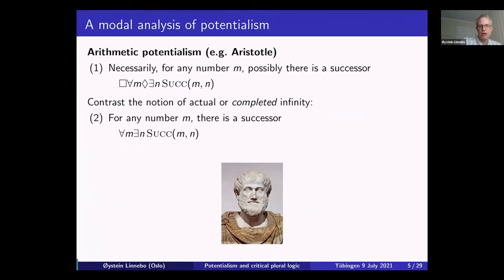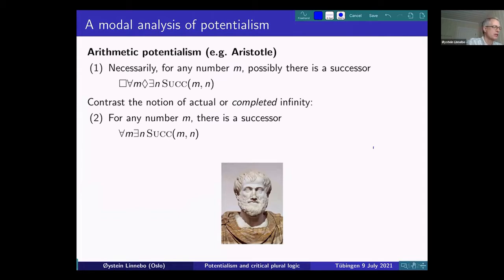But let's start with modality. At least for those of you with a background in philosophy, this is quite a natural way to proceed. So take Aristotelian style potentialism about arithmetic. So the view then is that necessarily, however many natural numbers you've got, it's possible to generate yet more.